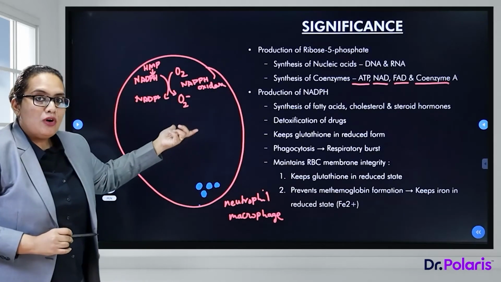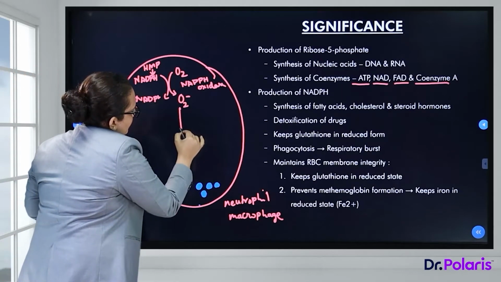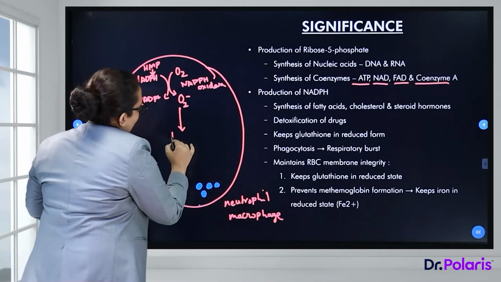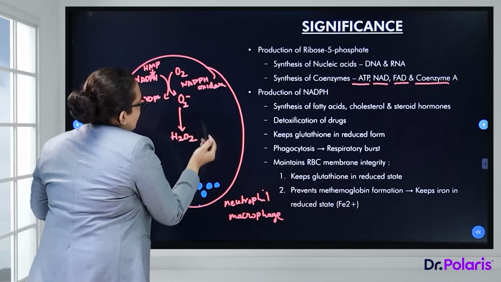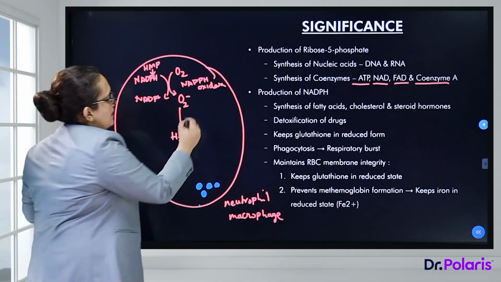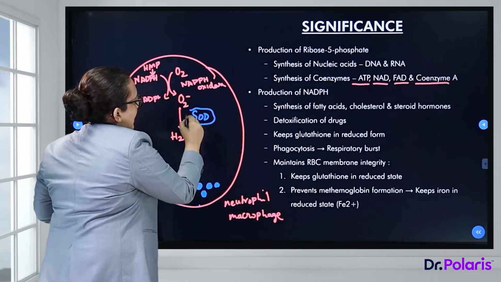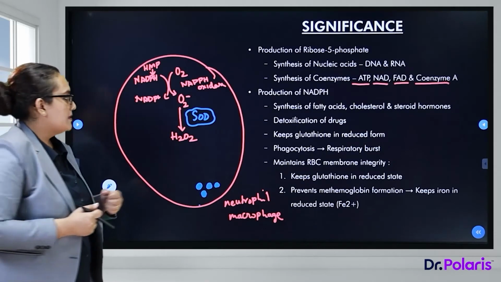So you have a superoxide which is formed. This superoxide is converted to another free radical, which is hydrogen peroxide. The enzyme required for the conversion of superoxide to hydrogen peroxide is superoxide dismutase. This is a very important antioxidant. Antioxidants are substances which fight against free radicals.